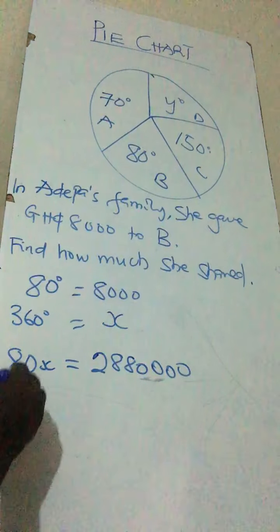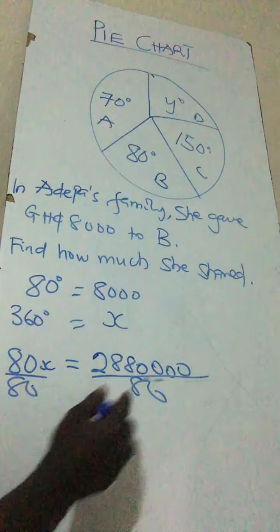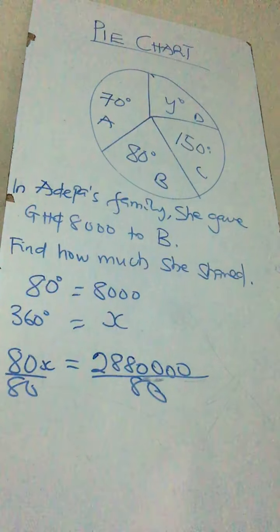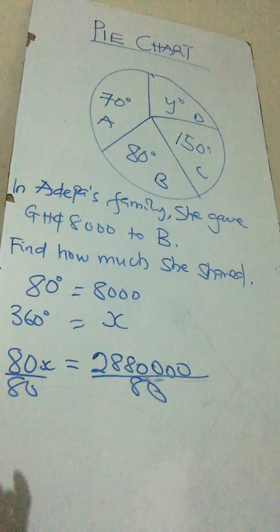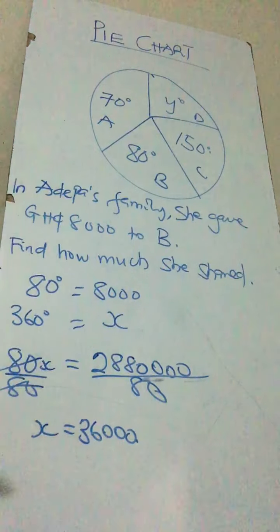All right, so you divide both sides by 80, this will cancel this, so you get x equal to 36,000. And so the total money that Adipose shared was 36,000, and out of this 36,000, B had 8,000. And so from this we can know how much A had, C, and then D had.